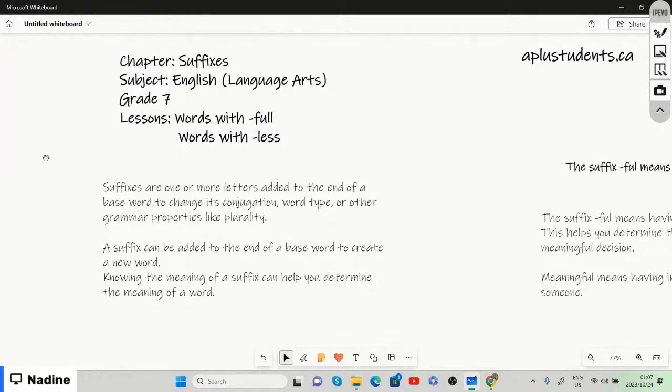And the lessons that we're going to be focusing on today are words with full and words with less. It is written as less, but if you add that suffix to a specific word, the spelling will come out as less.